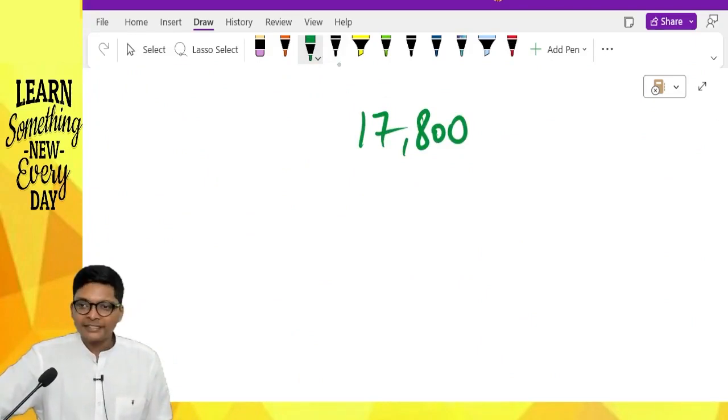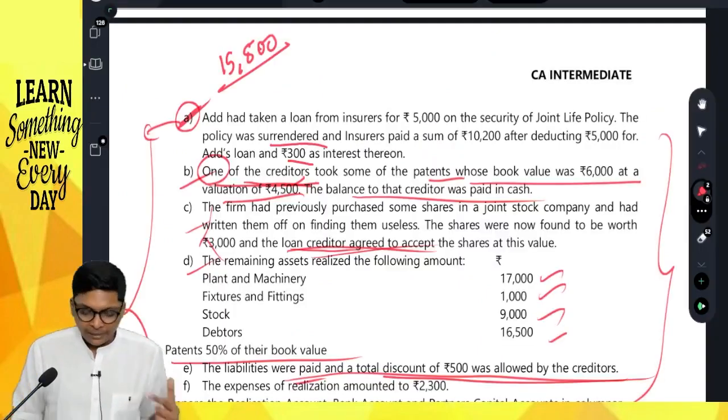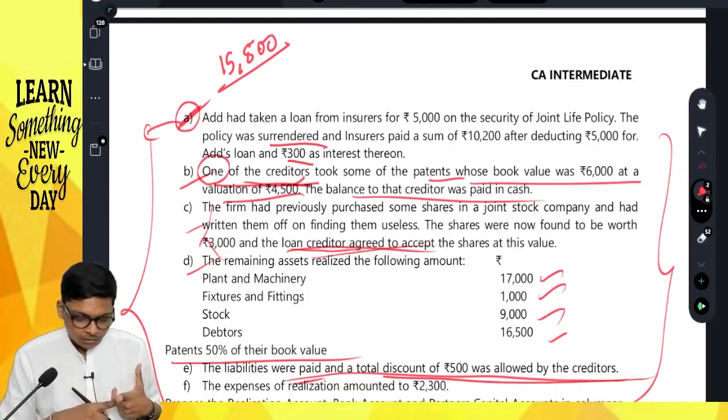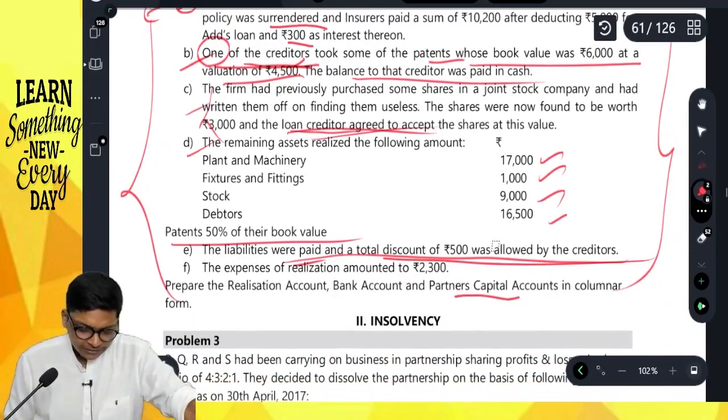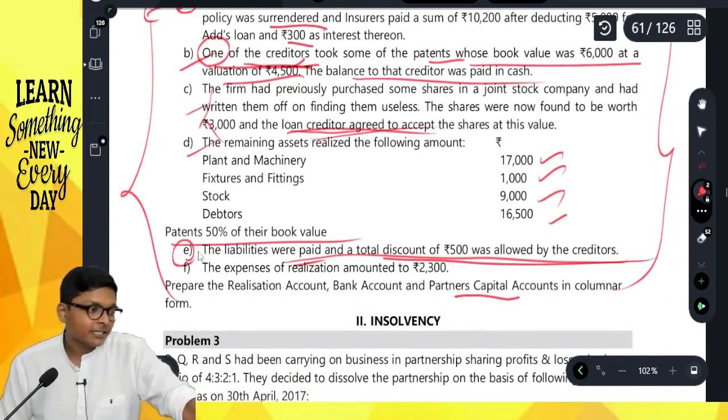Can you try it out, guys? I will give you a hint, I will do it, but try adjustment B, adjustment E. E and B should be read together, correct?